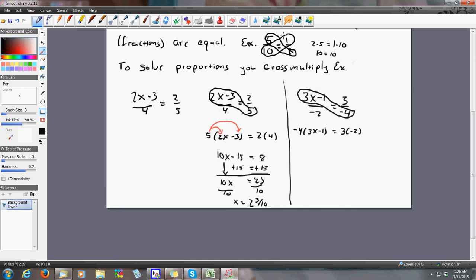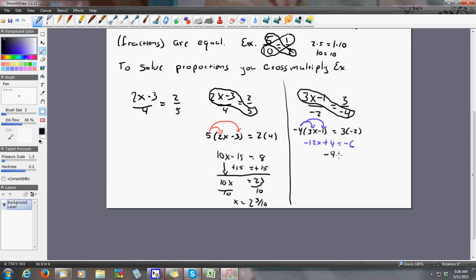And if you'll notice, I'm using parentheses really effectively. If I just wrote 3 negative 2, it would look like 3 minus 2. Because I have this negative 4 outside of these parentheses, I'm going to distribute, and I get negative 12x and positive 4 equals negative 6.